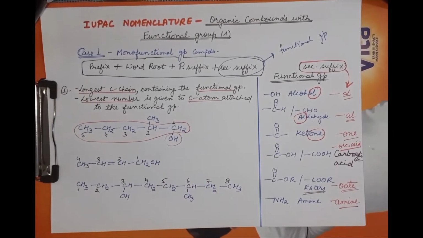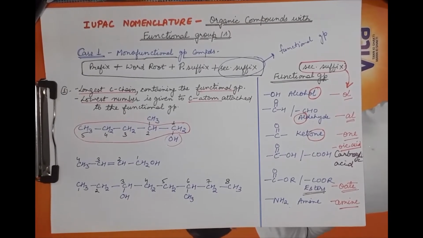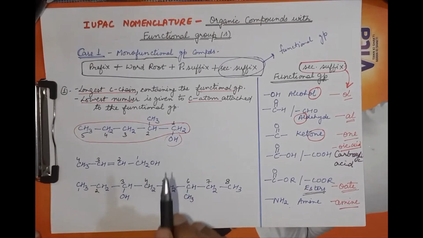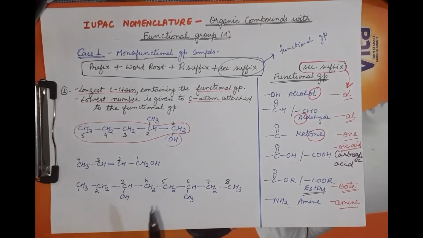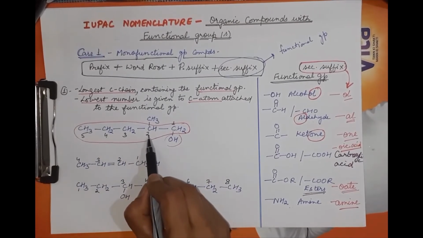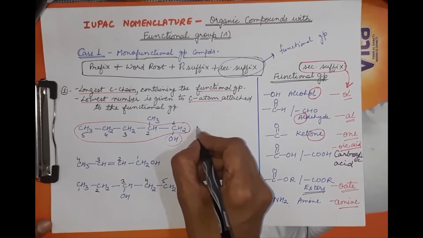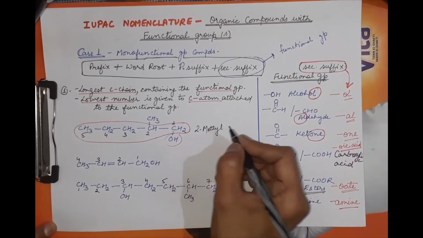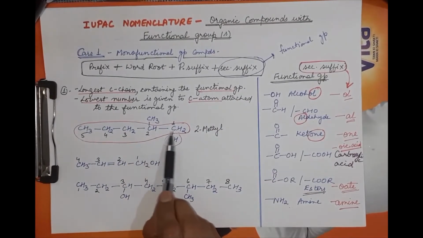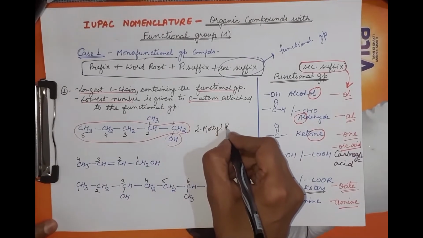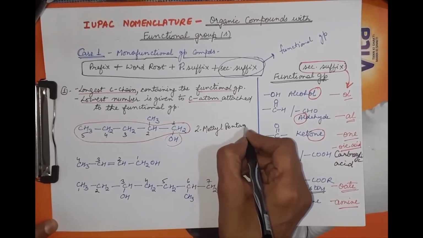Then, if we have to write the name for this compound, what will be the name? First, we know the prefix is written. What is the prefix in this case? It is a methyl group, and the position of this substituent is 2. So we will first write 2-methyl. And then the word root will be, because it is a 5 carbon chain, pentane: 2-methyl pentane.